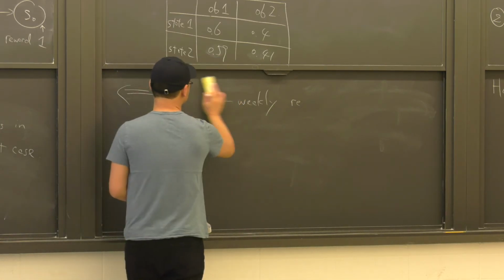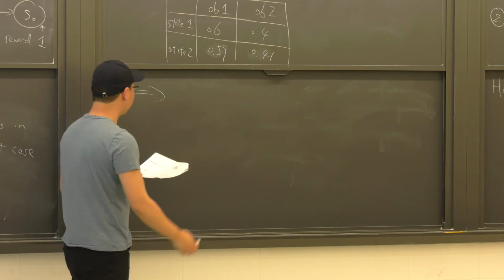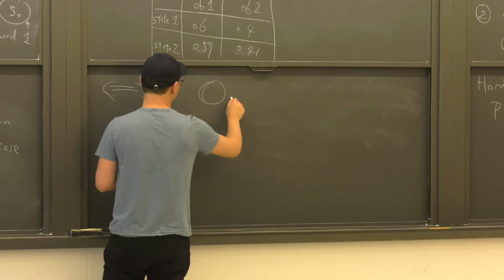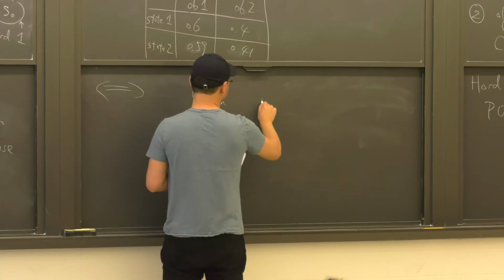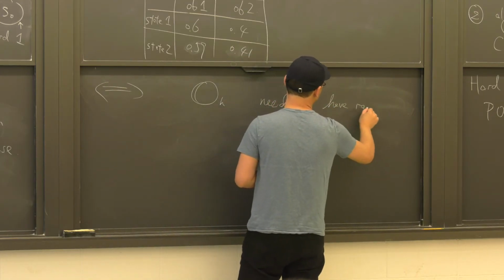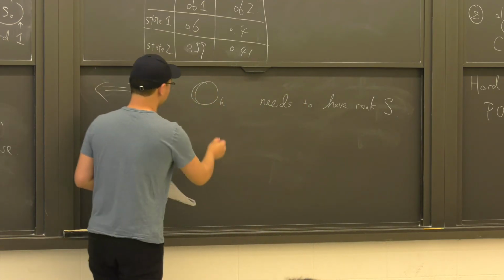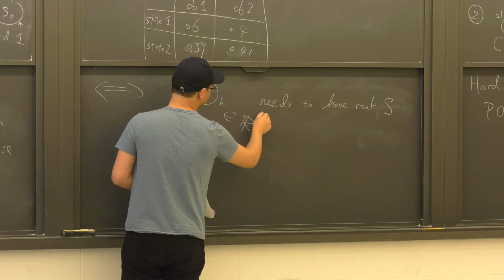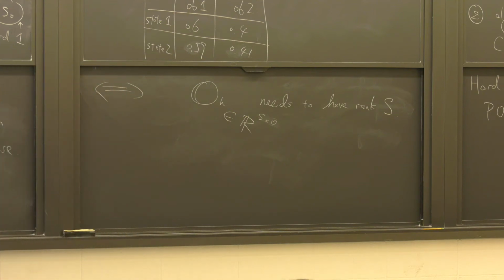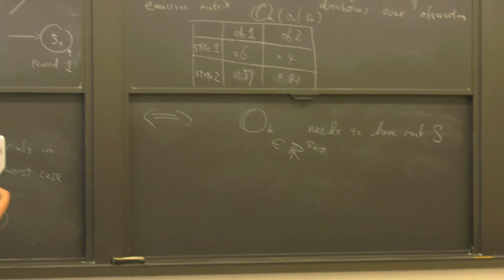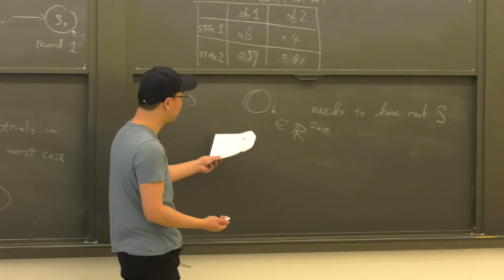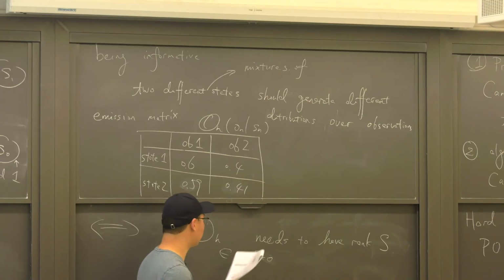What I wrote here: the informative condition is equivalent to saying the emission matrix O needs to have rank S. Remember, it's an S by O matrix. Whenever we say two mixtures of states generate different distributions over observations, this is essentially a linear independence condition over this emission matrix, which is equivalent to saying the emission matrix needs to have rank S.